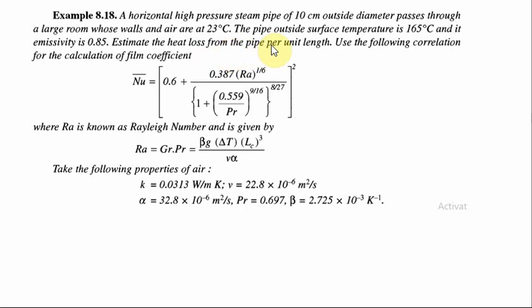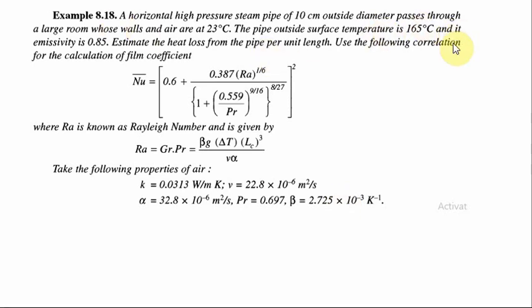Use the following correlation for the film coefficient. This Nusselt number correlation is given, and the Rayleigh number correlation is also given, along with these properties. So we need to find the heat loss from the pipe per unit length.